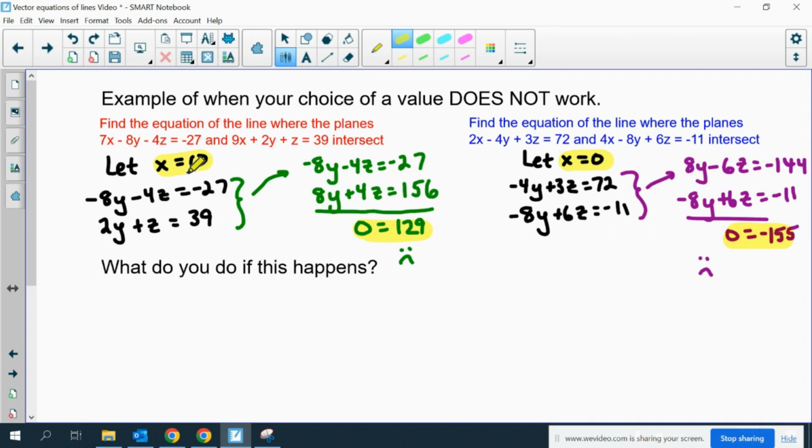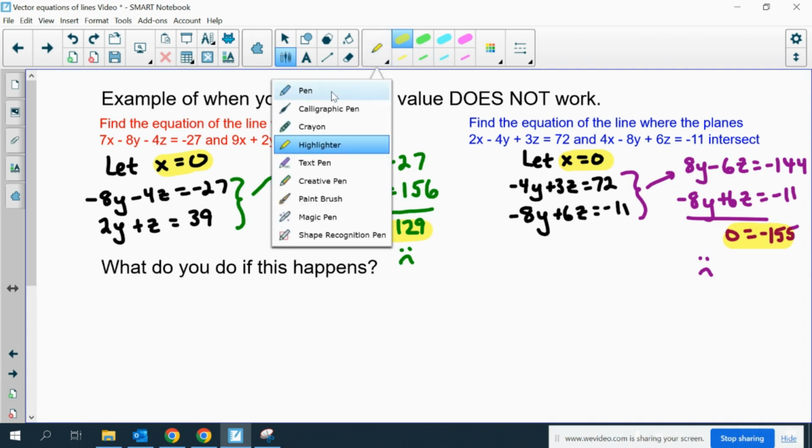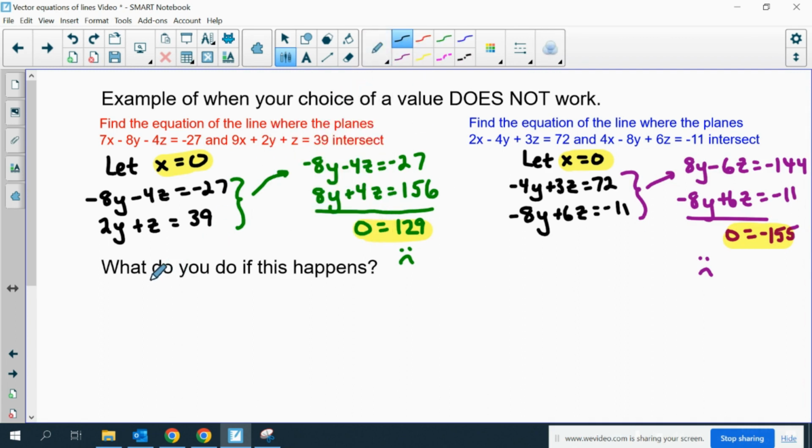So ultimately, I just can't choose x equals 0 in this problem. So I need to try something else. I could try x equals 1, x equals 2, but I don't recommend doing that because you could end up on some crazy goose chase that's going to last forever. So I would try picking a different variable to be equal to 0. So let's make y equals 0 in this case.